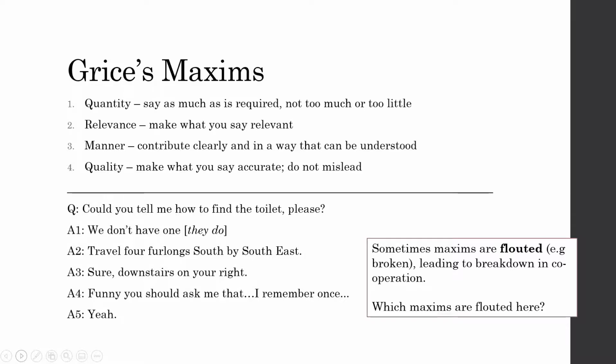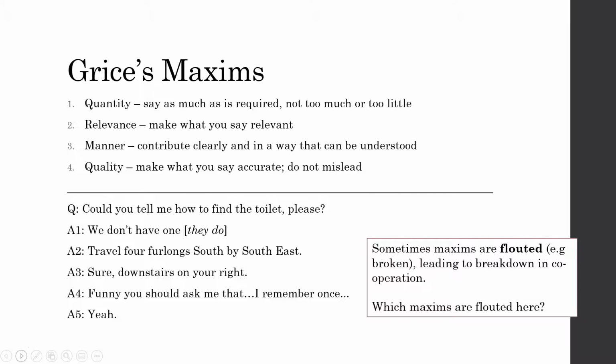The second answer, travel 4 furlongs south by southeast. Well, there are actually, I guess, points in time where distance would be meaningfully expressed using furlongs. That's a measurement of distance. I guess it's usually used to measure fields or something. It's quite an agricultural term. South by southeast, there is at least one Aboriginal language in which there is no left and right, but directions can only be expressed based on compass points.